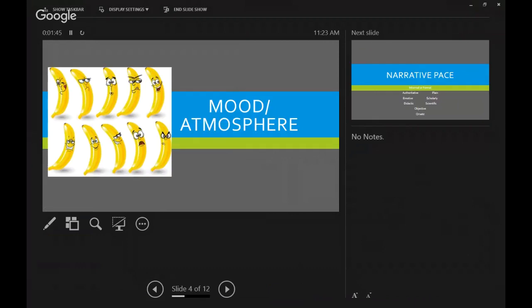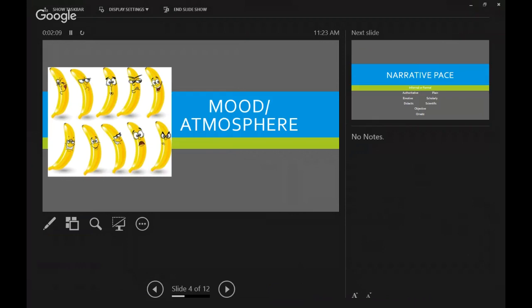Next up, mood or atmosphere. We've already talked about this word in class, but atmosphere is just another term for mood. Sometimes it's written one way, sometimes the other. And remember that mood is about the reader: the feeling the writer is creating for you as the reader. How does the passage make you feel? How does the story make you feel?